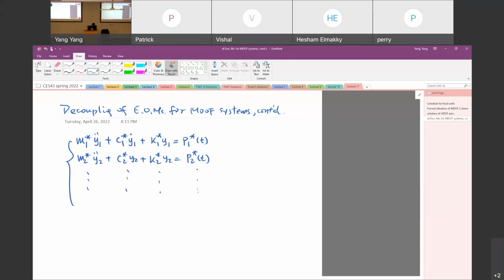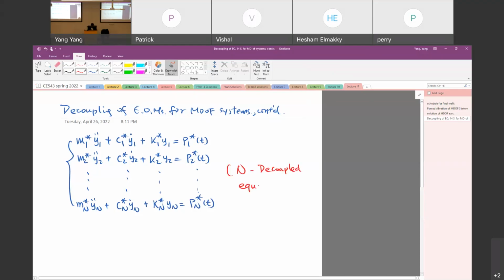The total number of decoupled equations we have here is equal to n. So any questions up to here?